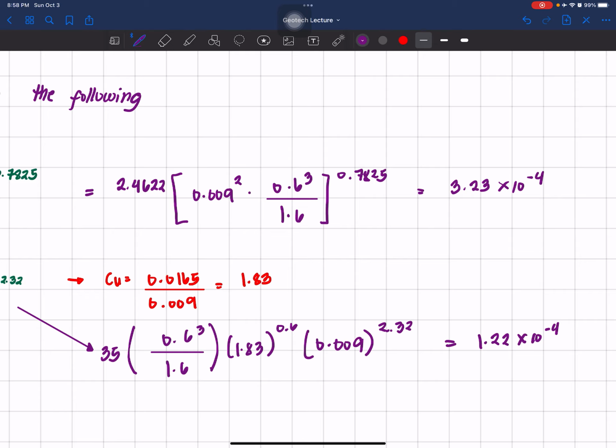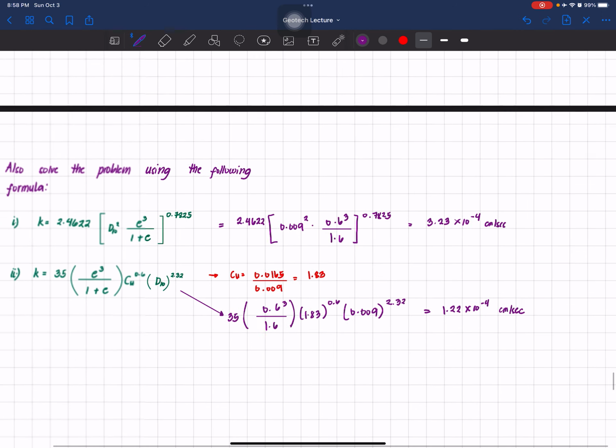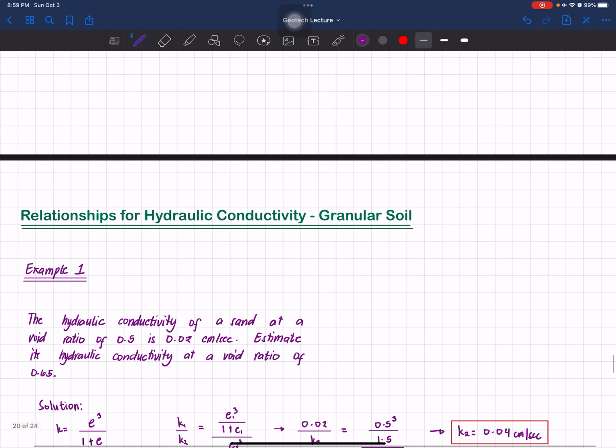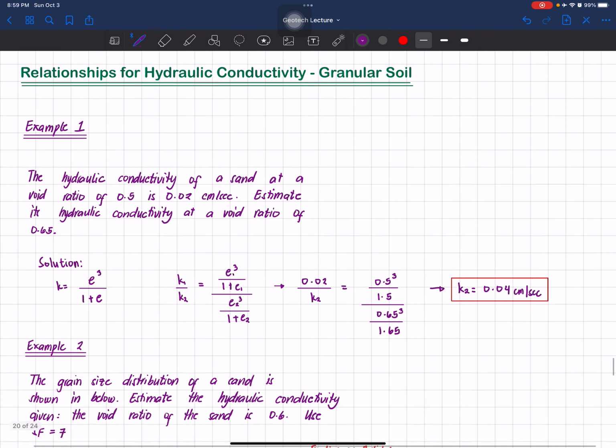So, yun guys, this is in cm per second as well as this one. Yun. So, that is the value, or those are the values of our K in terms of the different formulas that we discussed earlier. Okay? So, yun lang naman guys yung ating relationship for sands. Okay? Granular soil rather. Relationship for hydraulic conductivity of granular soil.